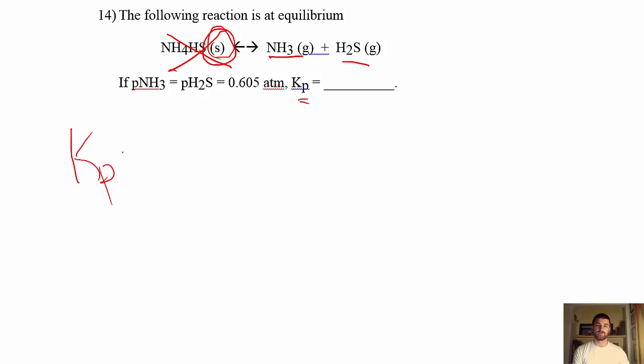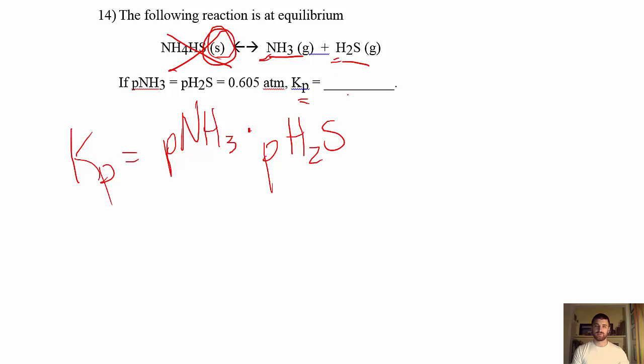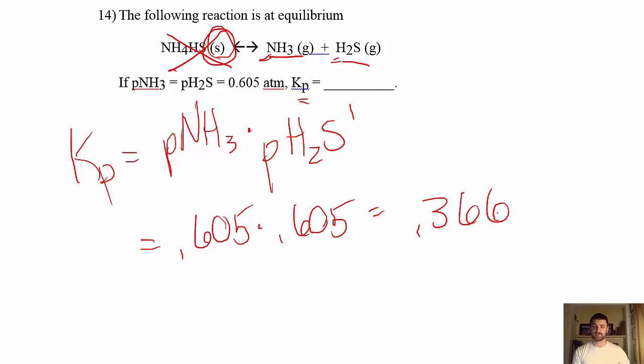So my Kp is really just going to be the pressure of NH3 to the first power times the pressure of H2S to the first power. Now I just plug and chug. It's going to be 0.605 times 0.605, and I get 0.366. And that is my final answer.